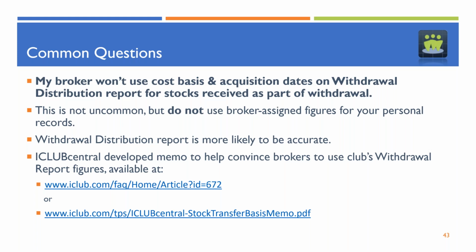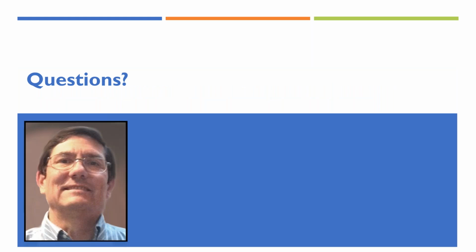You're required to use the most accurate information you have. And in this case, if your broker refuses to use the withdrawal report figures, you know that the withdrawal report is more accurate than the broker. So you should use the withdrawal report figures.